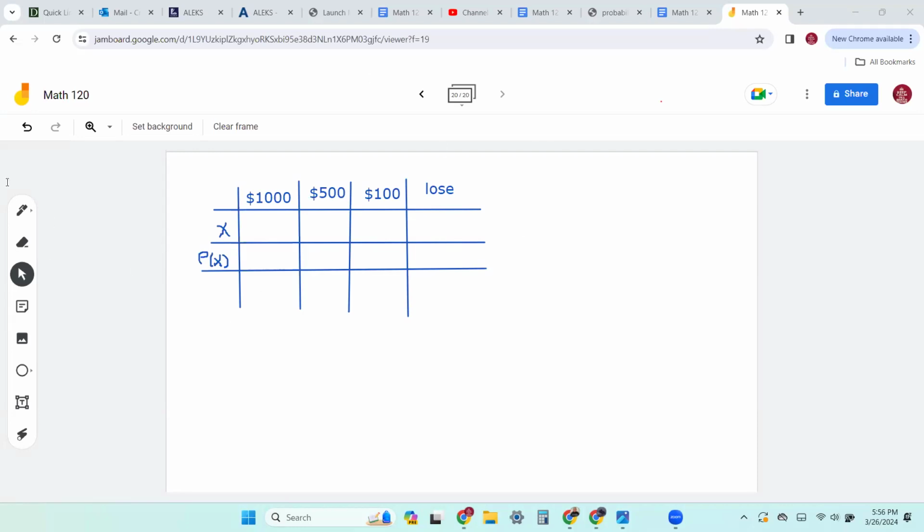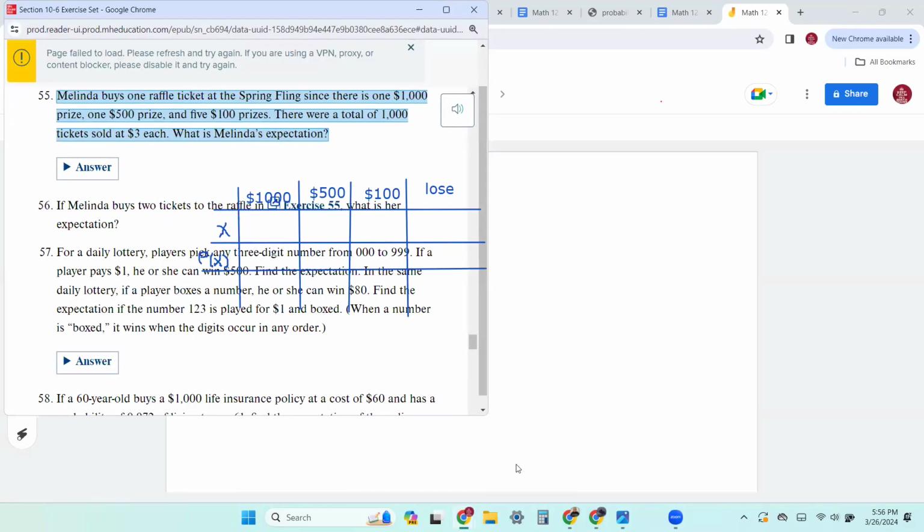All right, now here's where we've got to watch out. If Melinda buys 1 raffle ticket at the Spring Fling and wins the $1,000 prize, how much is she actually winning? She's not winning the full $1,000 because she paid $3 to get in. And that's going to be the same for all of those. The $3 has got to be put in there.